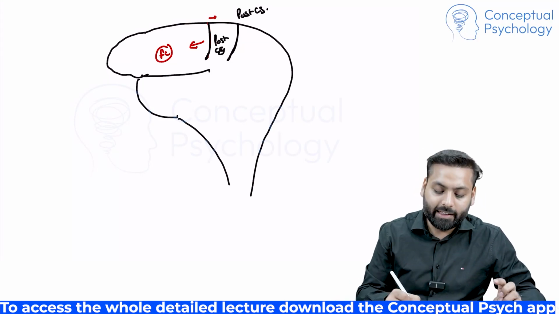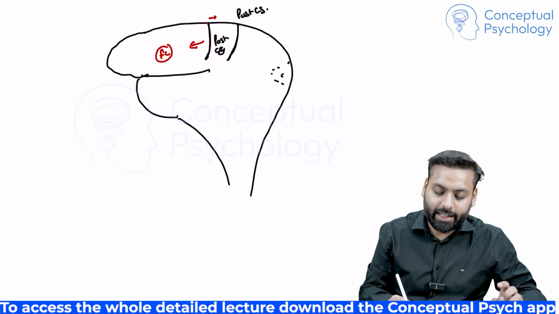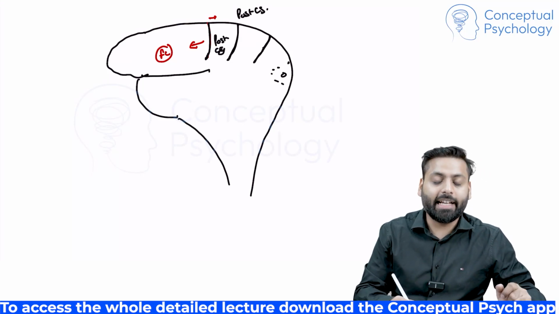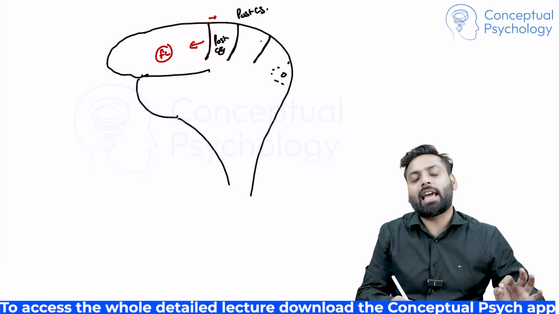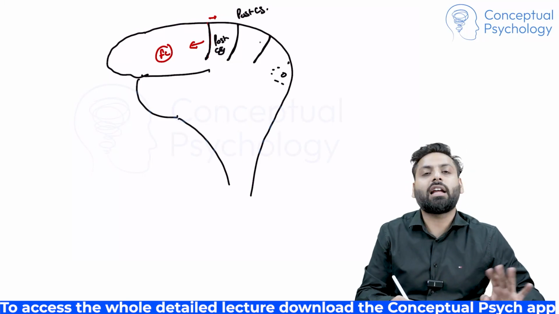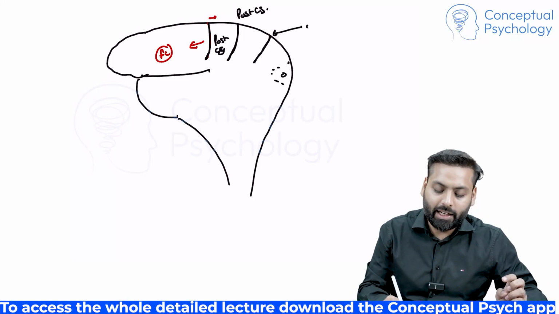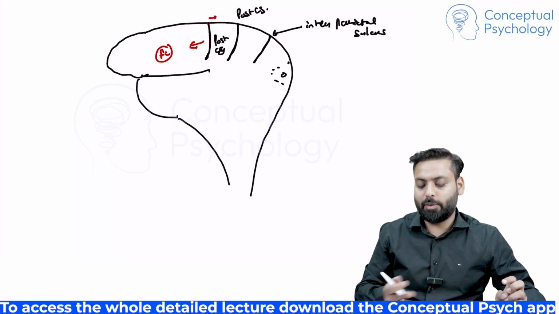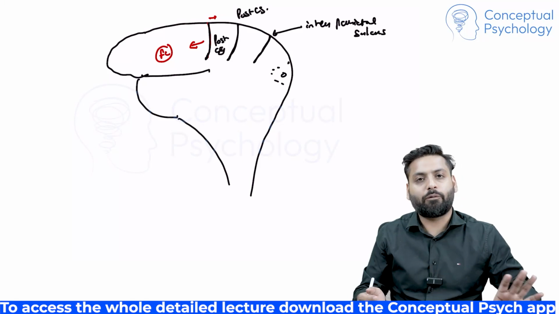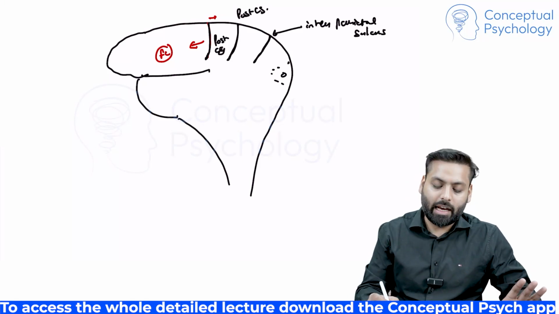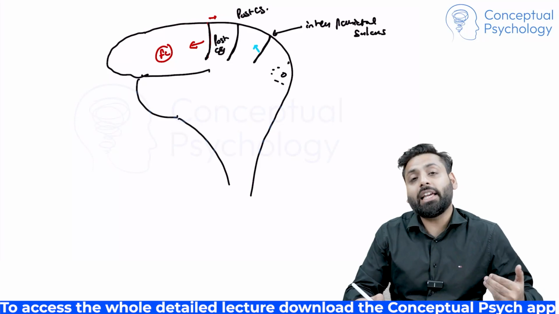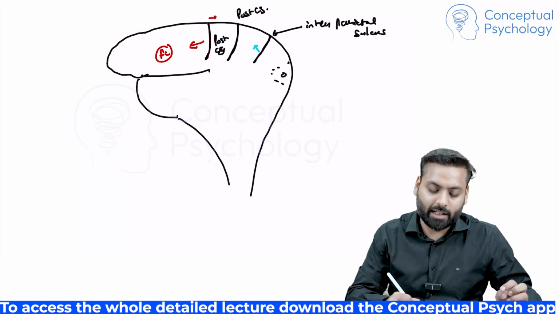In this we find one more sulcus, and in front of this sulcus and behind this sulcus, both are parietal lobe. So this will become the interparietal sulcus. Now you tell me, on the superior part of the interparietal sulcus, what do we have?